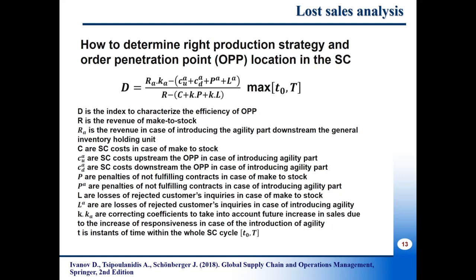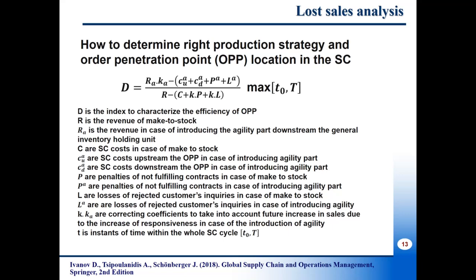Downstream, the processes are designed to be agile. Furthermore, the model allows the OPP, or order penetration point location, to be determined by a set of technological constraints and economical goals. Therefore, different OPP locations can generate different supply chain structures.